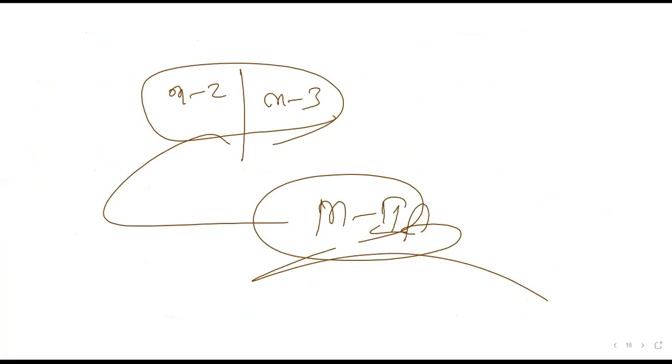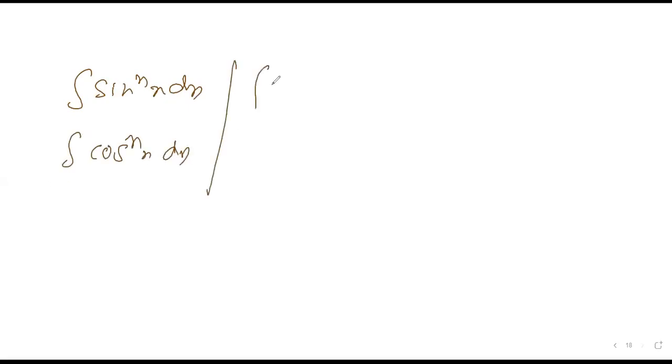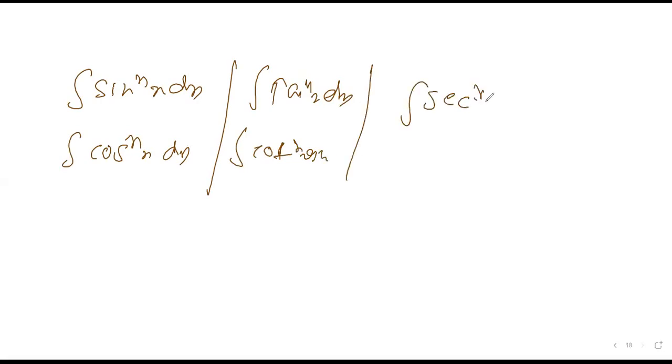Okay. For today's session, the things will close, and tomorrow's session we have a little analysis of the UV methodology. I'll try to take one more interesting concept. In the next two or three classes: integration of sin power nx dx, cos power nx dx, then after that integration of tan power nx dx, cot power nx dx, secant power nx dx, cosecant power nx dx.